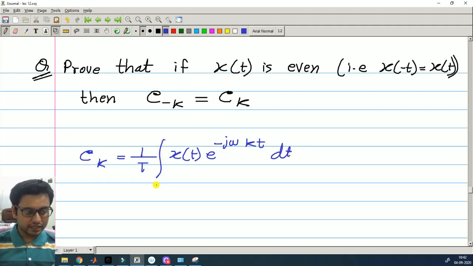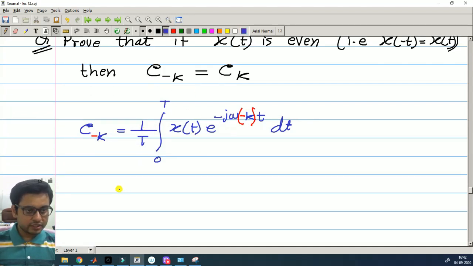Any complete cycle, maybe we can take 0 to T. Now c minus k will be the same thing with minus here. Now we will put t equal to minus tau, or tau equal to minus t.